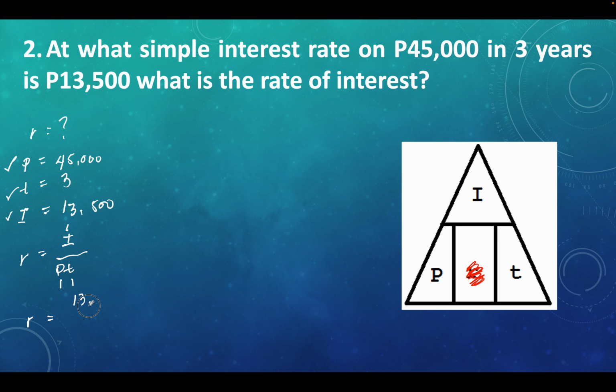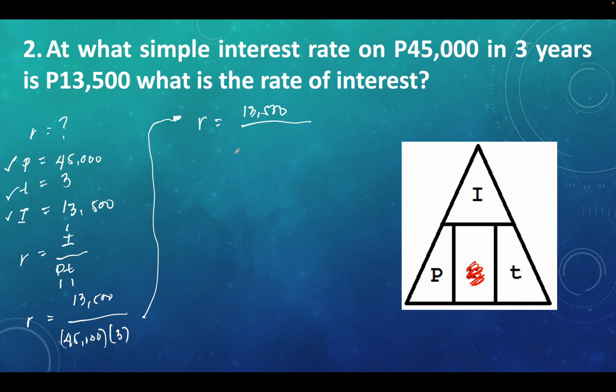We have 13,500 all over yung principal natin, which is 45,000, times yung time, which is 3. So, gagawin muna natin 45,000 times 3. So, copy down lang muna natin si rate natin or the interest, which is 13,500 all over 45,000 times 3.